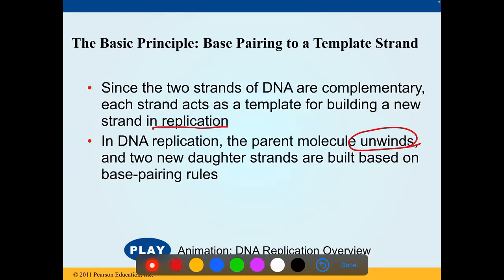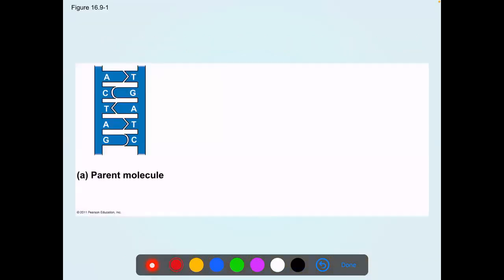And they have to follow base pairing rules, A, T, and G, C. So that automatically suggests a so-called semi-conservative model, but we were still not sure at the time whether the semi-conservative model was correct or not.